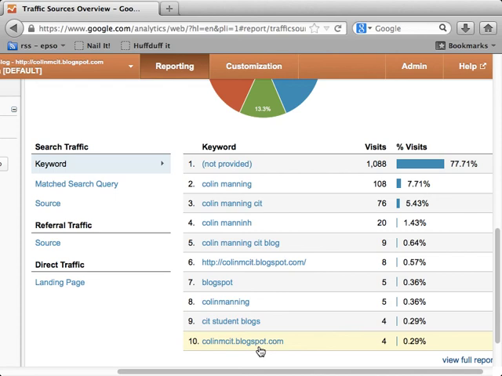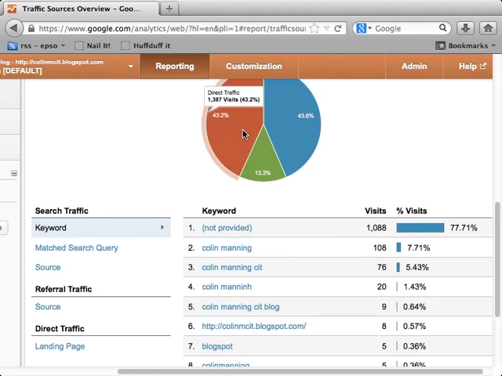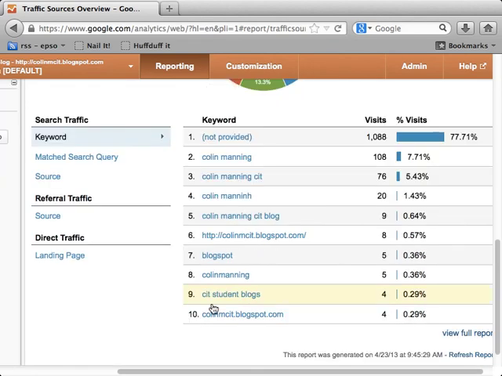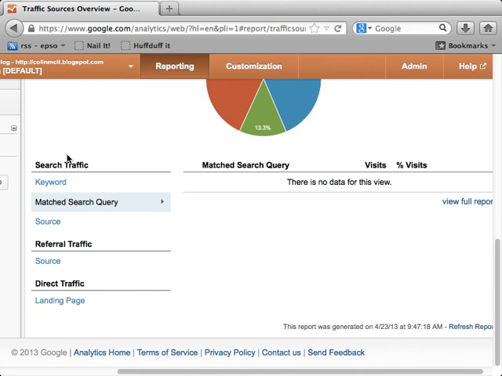It could be searched in the address bar, no? If it was in the address bar, it would count as direct traffic. So someone has Googled colinmcit.blogspot.com and then clicked on the blog to get the result. Fair enough. As a website, you want to know what people are Googling and how they find you.